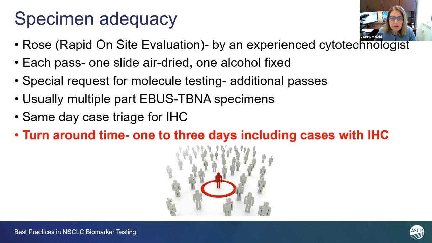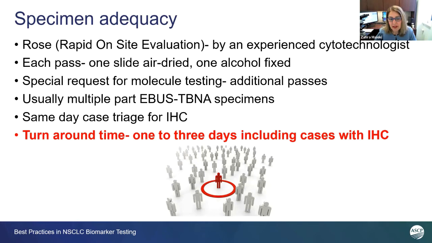Sometimes the patient might be a referral patient, or the previous material might not be adequate for molecular testing. So upfront, we may know that this patient specifically needs molecular testing. We communicate with our pulmonologist, and they give us more material, knowing that it is going specifically for molecular testing.